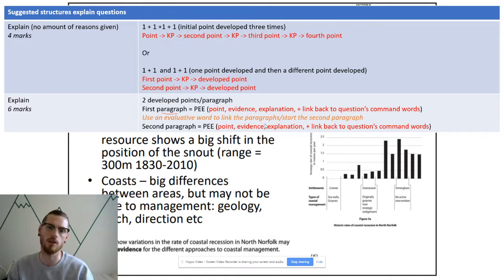Alternatively, on the other hand, another point would be, just use an evaluative word to move into the second developed point or paragraph, and you're using the same structure. P, point, evidence, explanation, link back to the question's command words.